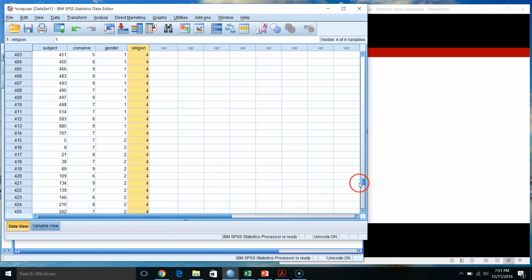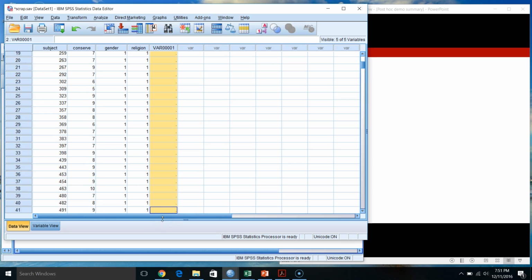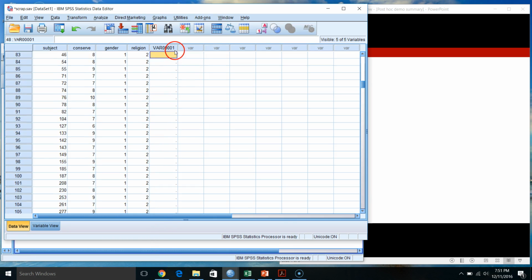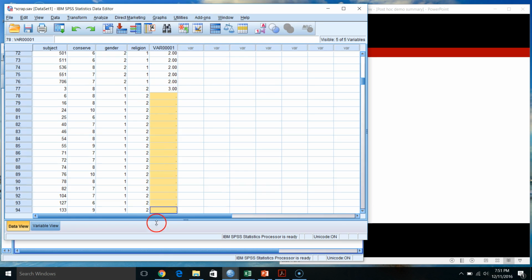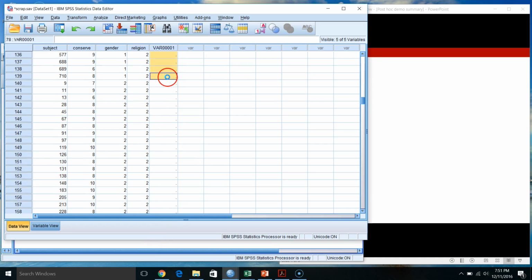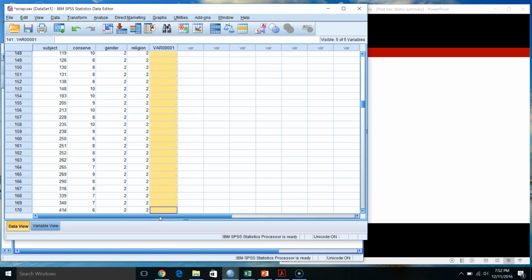Okay, but if we look down through, now we should have men and women for each one of our religious groups. And so for the purposes of our screening, I can go through and say, all right, so this is group 1, group 2, three, group 4, five.